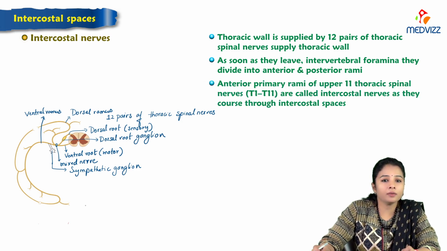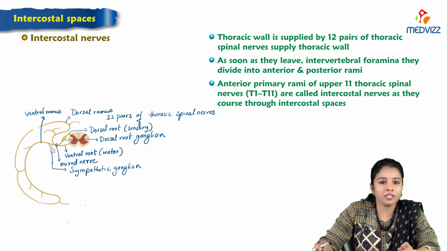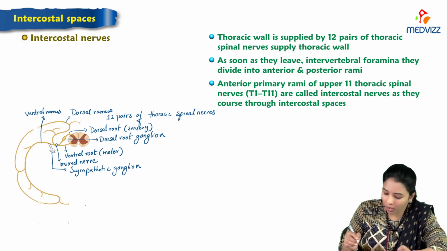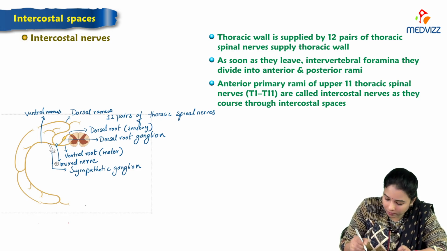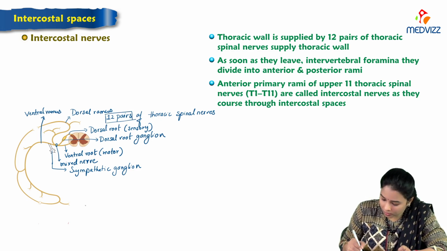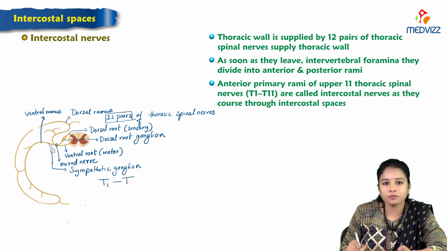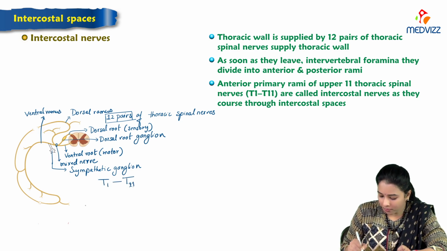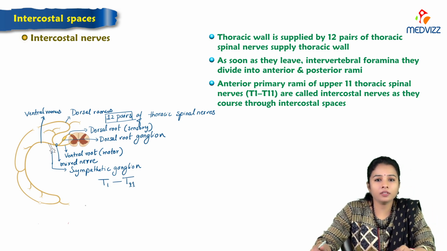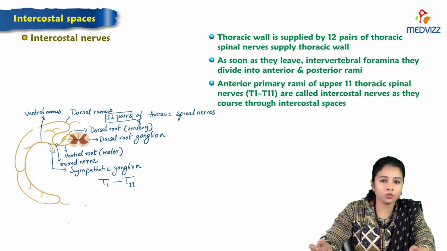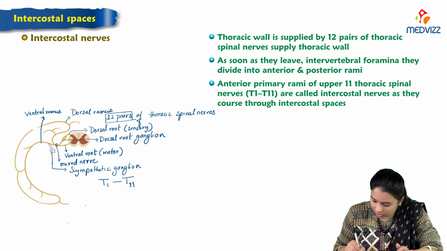The anterior primary rami of the upper 11 thoracic spinal nerves, from T1 to T11, are all called the intercostal nerves, and they course through the intercostal spaces.